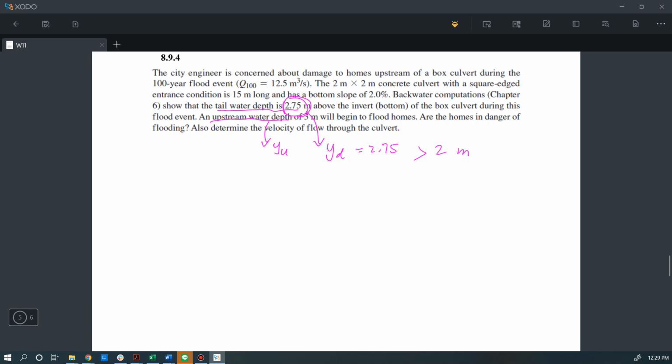So if we follow those four categories, this is case A. Okay, this is a bad drawing. Both the inlet and the outlet of these culverts are submerged under the water, so we can consider this as a pipe flow.